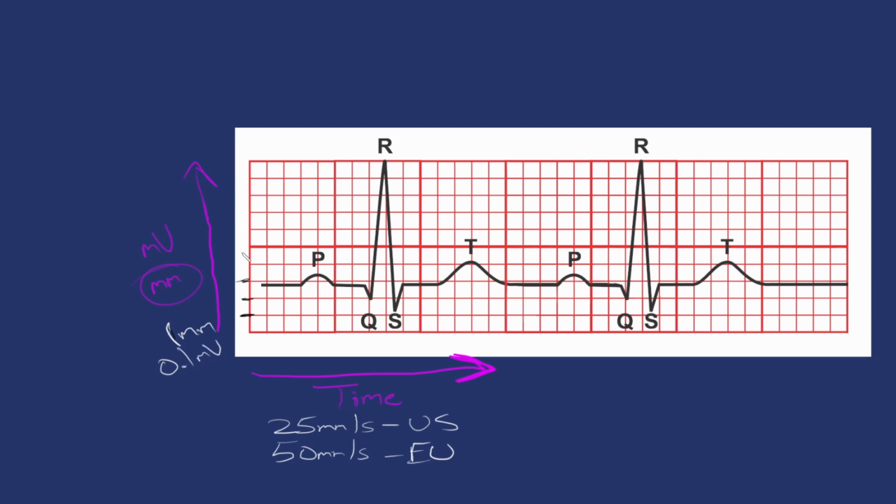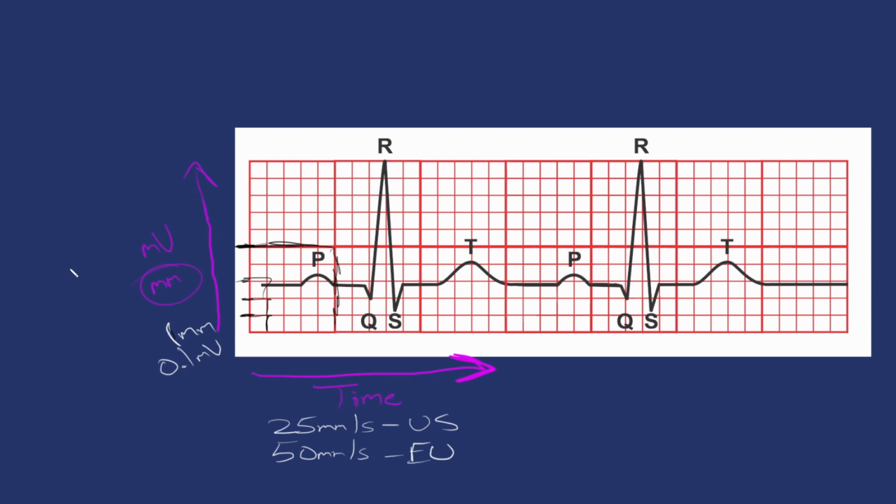Okay. So these big lines are all broken into fives. So this big box here is going to have 5 small boxes in it. So that's going to be our 5 millimeters.